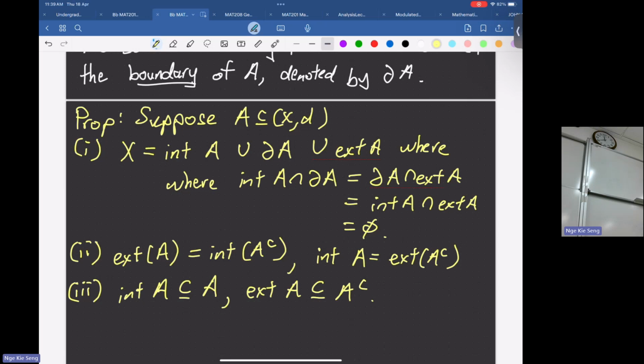Is this union clear or not? I think right to left should be easy. Left to right: if you have a point in a metric space, what can you do?